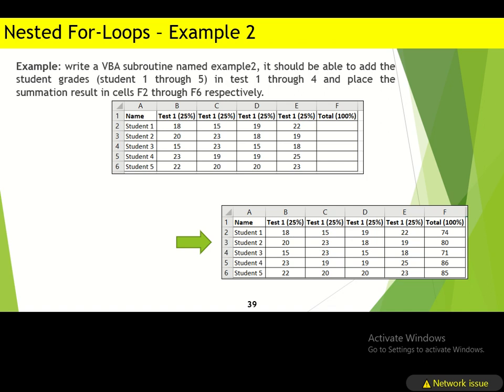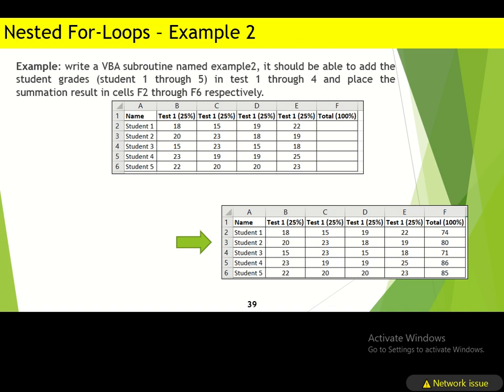How many students do I have? 5. For each student, I want to add how many values? 4, right? So the outer loop, 5 students. Inner loop, 4 values.